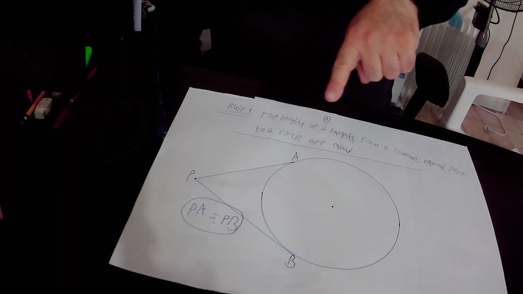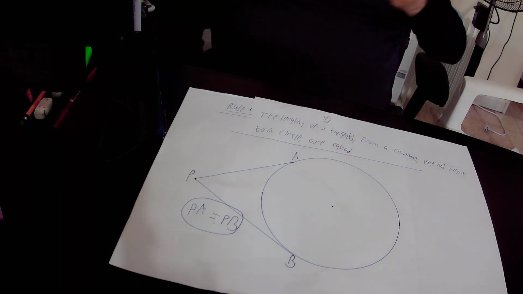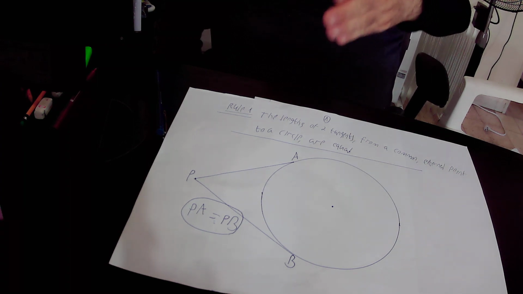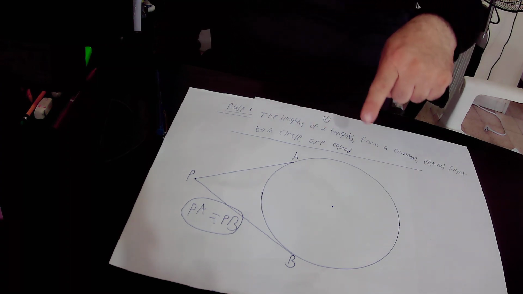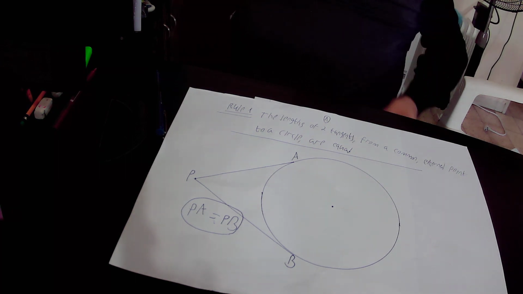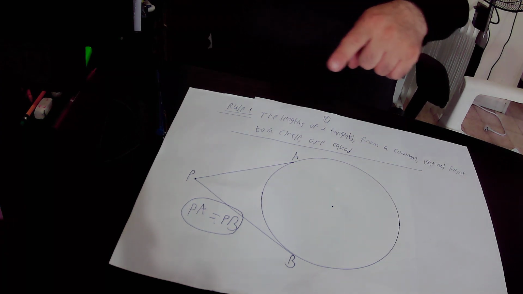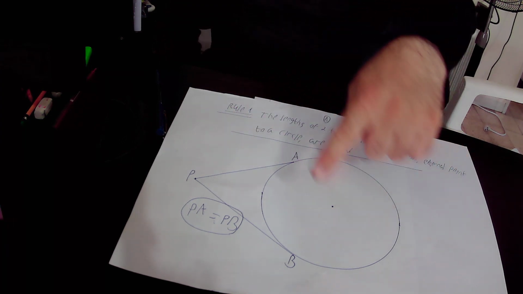The first tangent is tangent PA, the second tangent is tangent PB, and according to rule number 1, the lengths of those two tangents are equal to each other. That is to say, PA equals PB. So whenever you draw from a common external point two tangents to a circle, the lengths of those two tangents will be equal to each other.